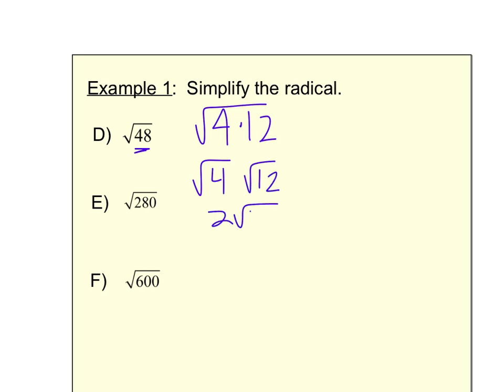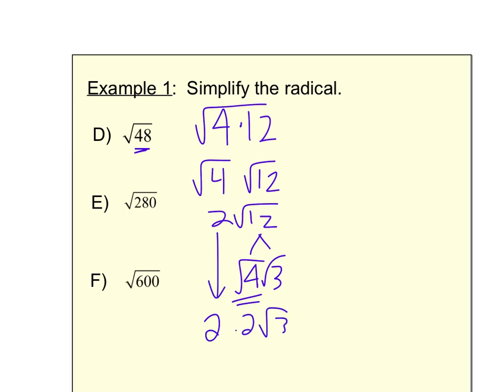So a lot of kids think, oh, it's 2 square root of 12. You can keep going with this. 12 can be split into 4 and 3. So once again, the square root of 4 is 2. So I have 2 from this one, 2 here, square root of 3. So my answer actually becomes 4 square root of 3.